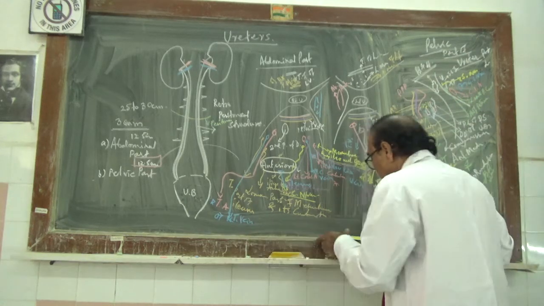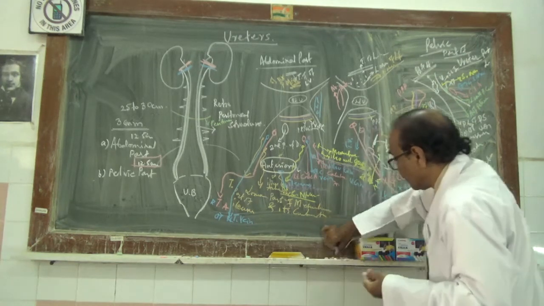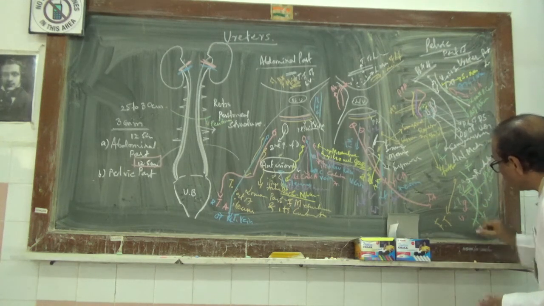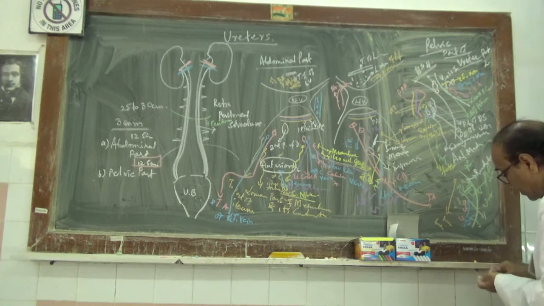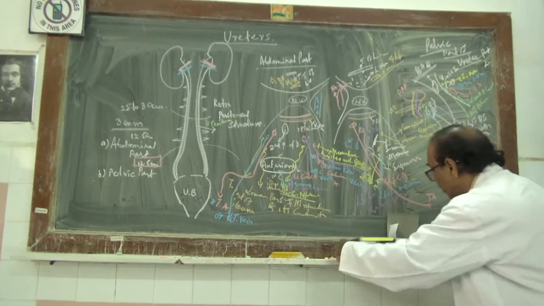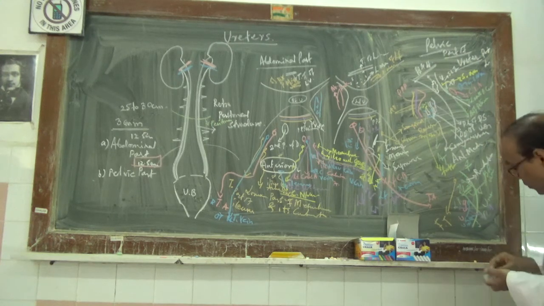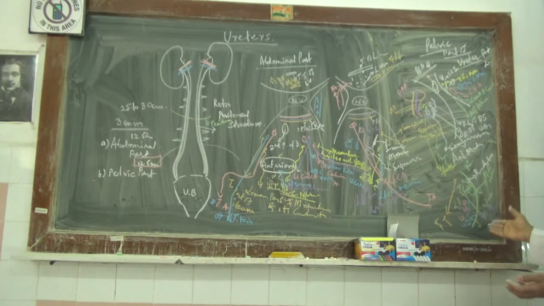Then uterine arteries, uterine veins, lymph vessels to the uterus, where they are situated in the broad ligament of the uterus, which is said to be a peritoneal fold.